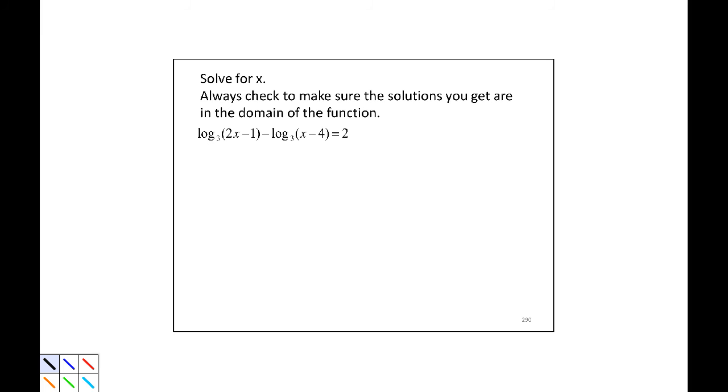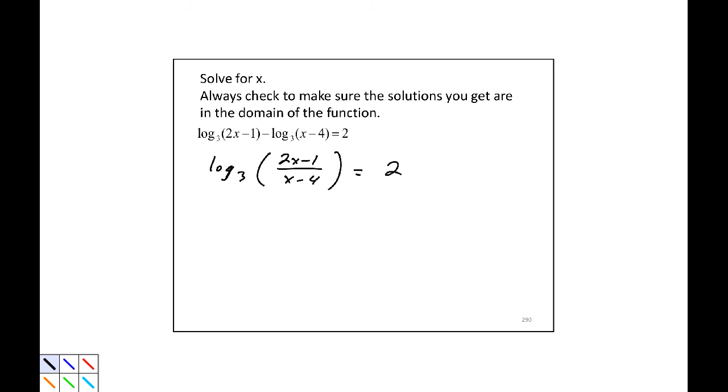We can use our logarithmic properties to combine these two logs. And because we have a difference of logs, we have subtraction there, this will be the quotient rule. So we have log base 3 of a very large argument, the fraction 2x minus 1 divided by x minus 4. I'll close my parentheses, and that equals 2.